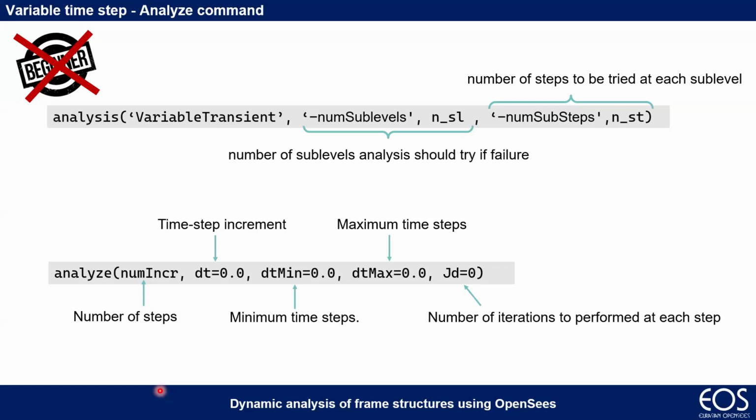How to do that in the analysis? You can define a variable time step. You have to define a sublevel and the number of substeps in the sublevels, and then you define the minimum and the maximum time step, and so on. But if you are at the beginning, don't worry about that.